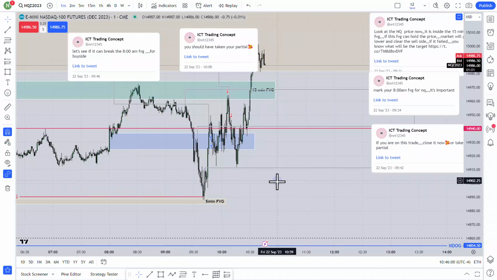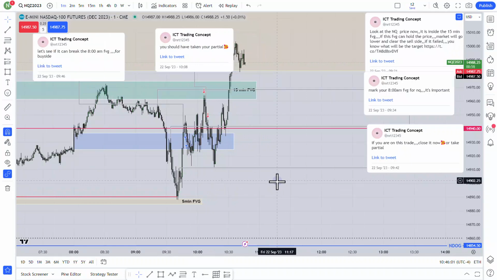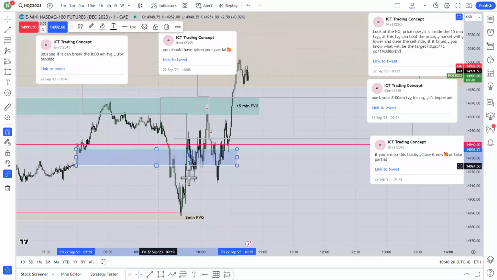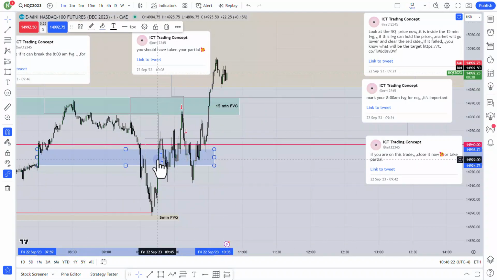I'm sorry for that. After that, my next tweet was at 9:46, just after the PMI news. There I told you, let's see if it can break the 8 a.m. fair value gap for buy side. That means I was talking about this fair value gap, and I tweeted it at this specific candle. I was expecting it needs to close above the fair value gap, so I tweeted that.